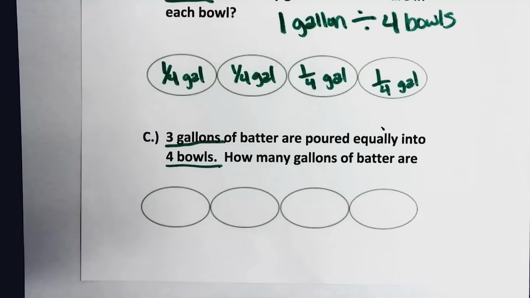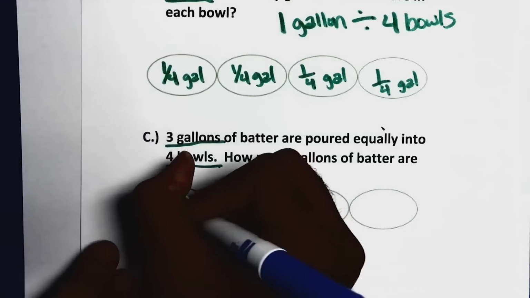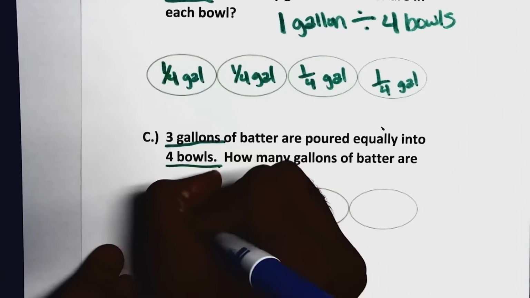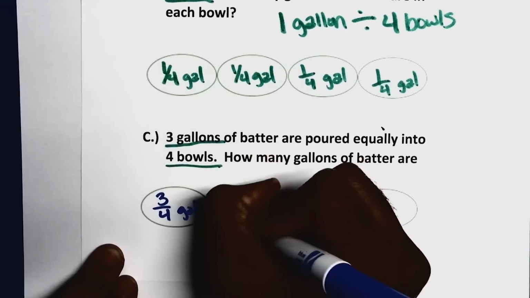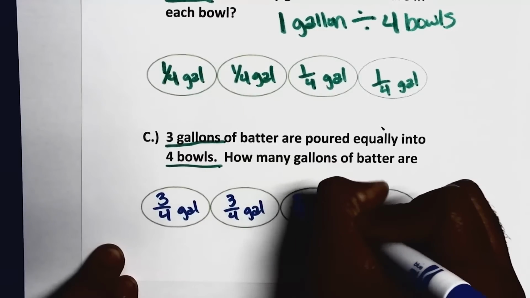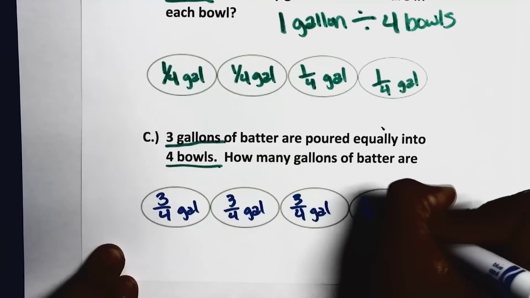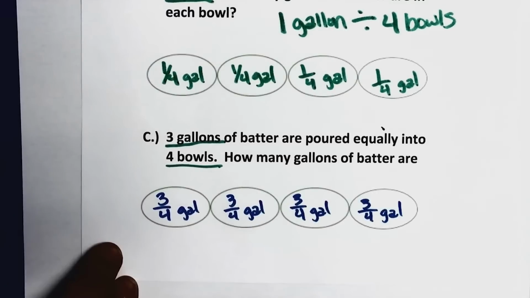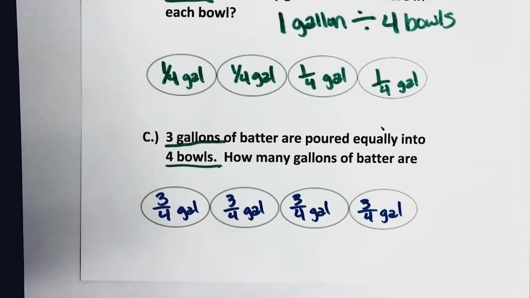Correct. Each bowl will get 3/4 of a gallon. So 3 fourths gallon, 3/4 gallon. Good job. So now what's my division sentence that will go with this problem? Correct.